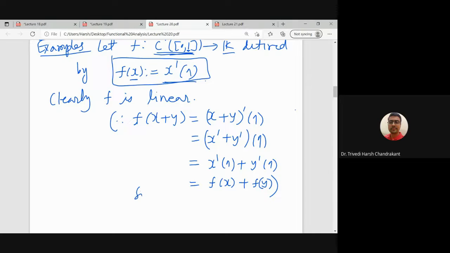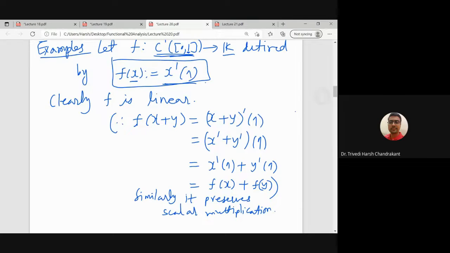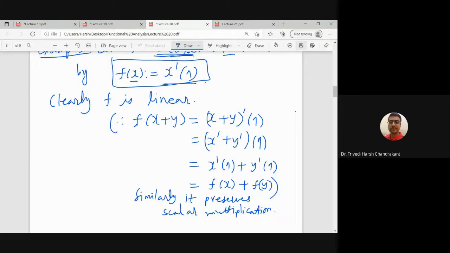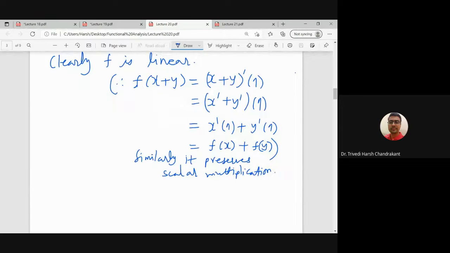So similarly, it preserves scalar multiplication. Right. So that is the thing. So now the question is, what is the next question?